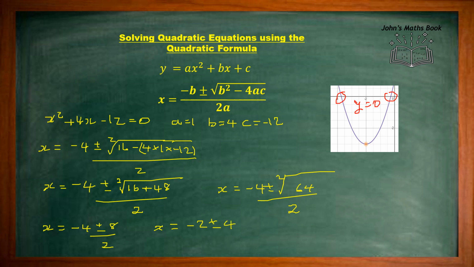And therefore we have our two values of x. So x is equal to minus 2 plus 4, which is equal to 2. And x is equal to minus 2 minus 4, which is equal to minus 6.